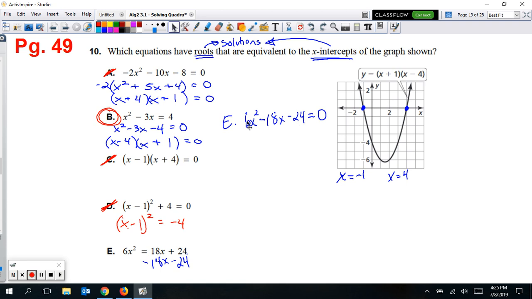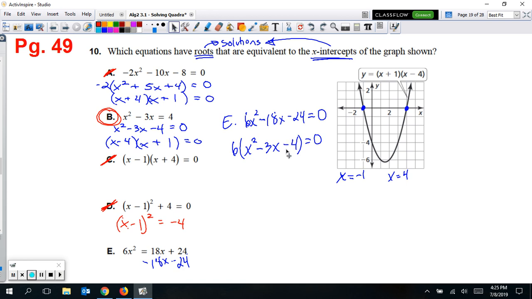Now don't just jump to the star method because you want to look for GCF first. 6, 18, and 24. You could reduce this entire thing by a 6, and that would get rid of your A number. So we could factor out that 6, and now it's just x squared minus 3x minus 4.